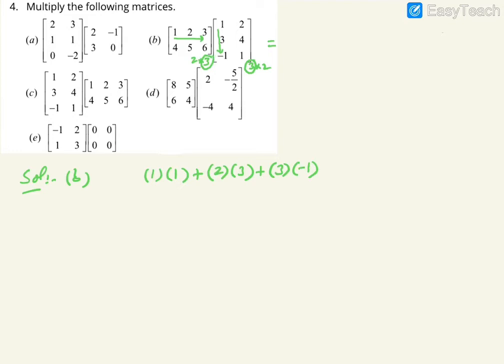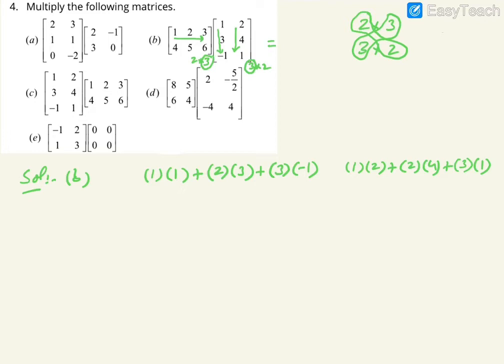Like this, the first row will multiply with the second column also, 1 with 2 plus 2 with 4 and plus 3 with 1. 2 into 3 is the order of the first matrix and 3 into 2 is the order of the second matrix. This one is same, so multiplication is possible and we need 2 rows and 2 columns in the product.